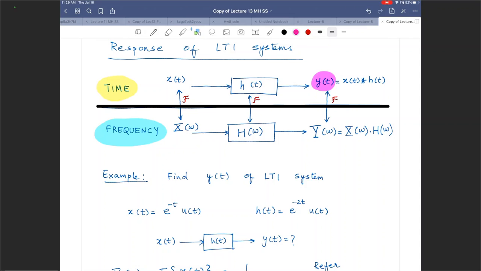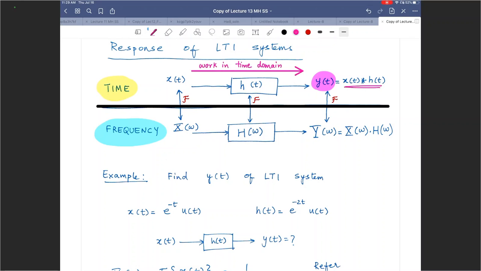One way to reach y of t is this. What is that? That is, work in the time domain. Meaning, perform the continuous convolution. That's one option.